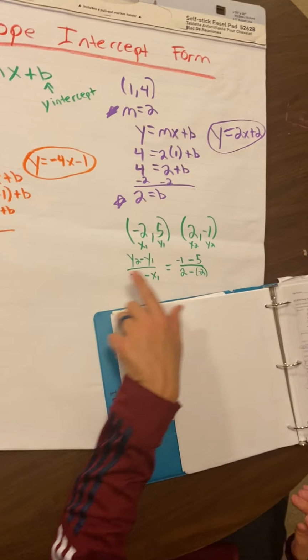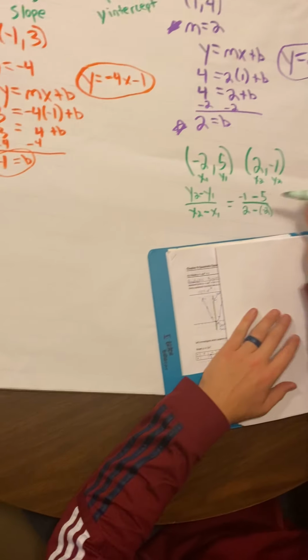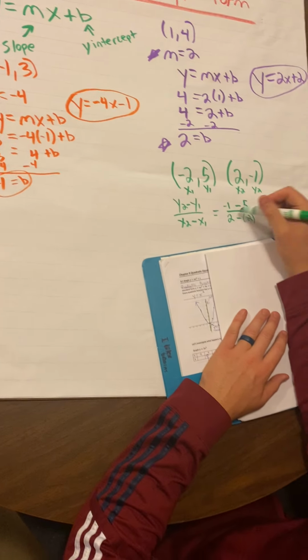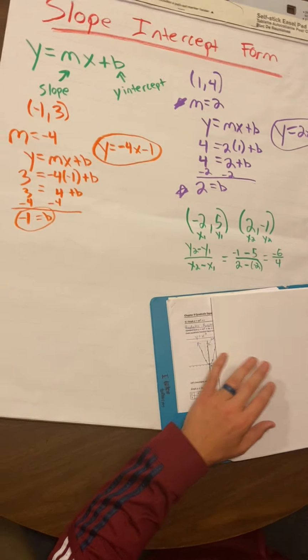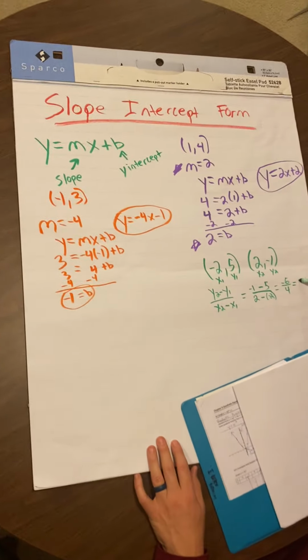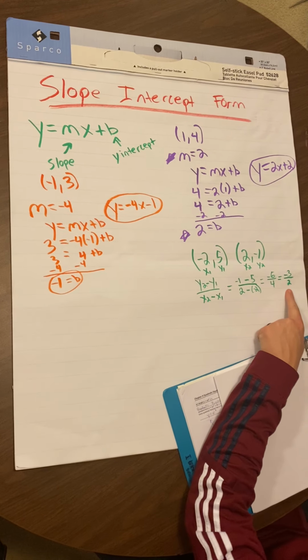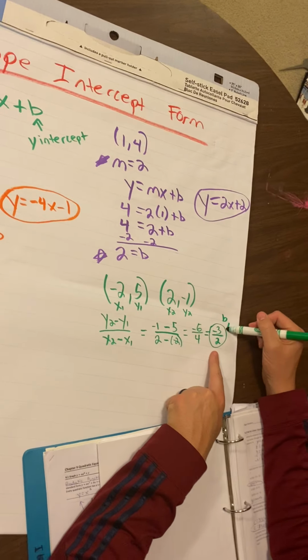If you're unsure how to subtract with these negatives, make sure you're using a calculator. -1 minus 5 is -6. 2 minus -2 is +4. This is going to simplify to -3 over 2. You leave it as an improper fraction. That is fine. So this is our slope.